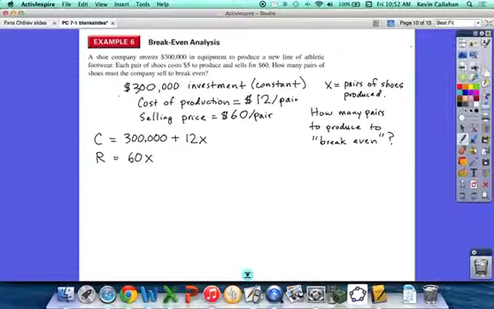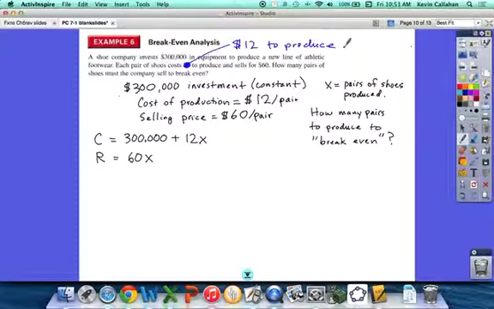Each pair of shoes costs $12 to produce, and sells for $60. How many pairs of shoes must the company sell to break even?